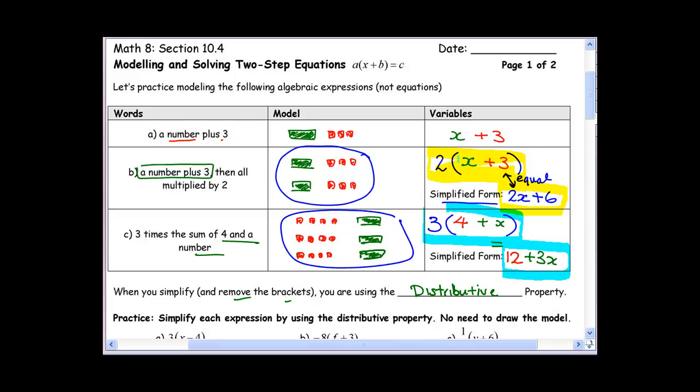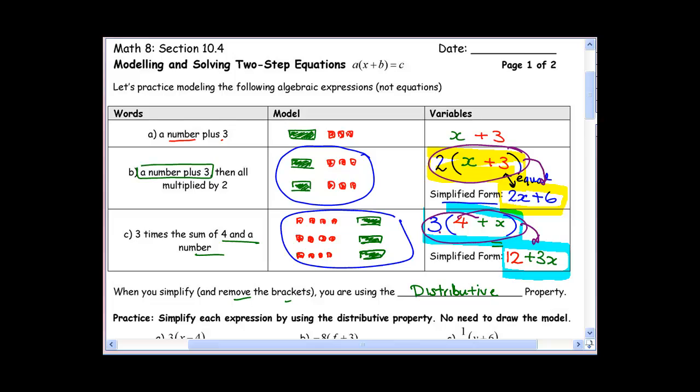Notice what you have where you have the bracket and the number, and then notice the equivalent form without the bracket. How do you think I can go from bracket form to no brackets? Look at here. Can you see something being distributed?